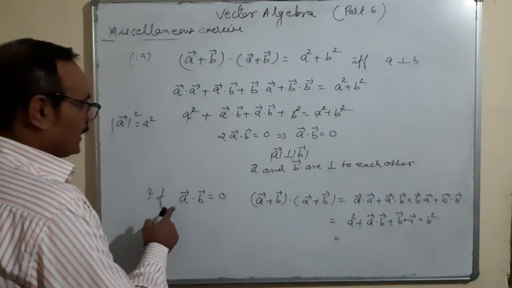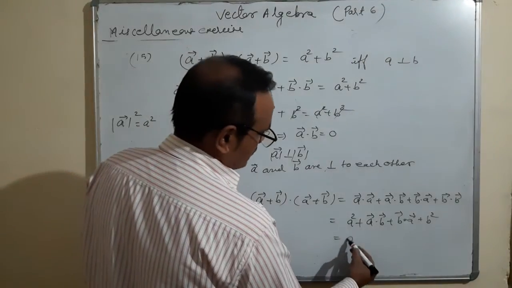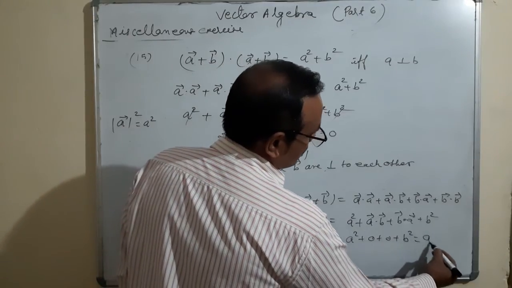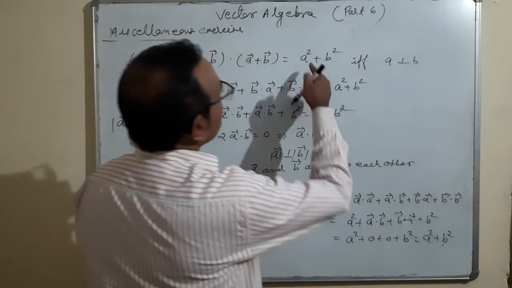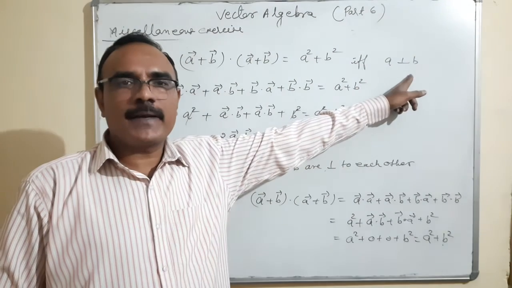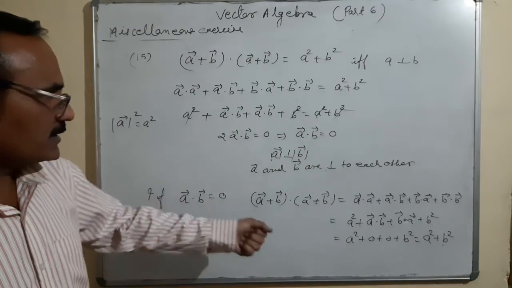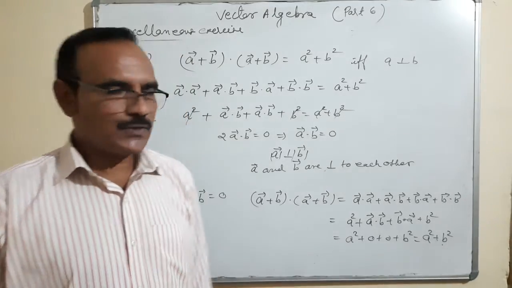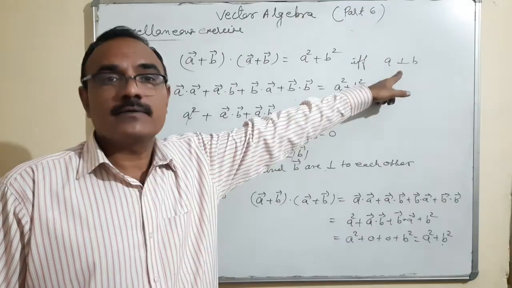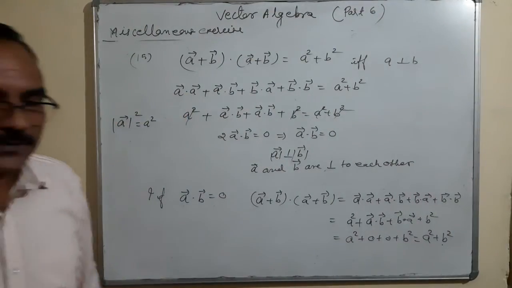Because it is given that A and B are perpendicular, vector A dot vector B is equal to 0. So it is A square plus 0 plus 0 plus B square. So the result is A square plus B square. So if this term is given, then A and B are perpendicular. If A and B are perpendicular, then it is this. Okay. So this is the meaning of if and only if. That means once we have to take this and prove that one. Second, we have to take this part, this term, and we'll have to prove this. Okay. So that was question number 15.